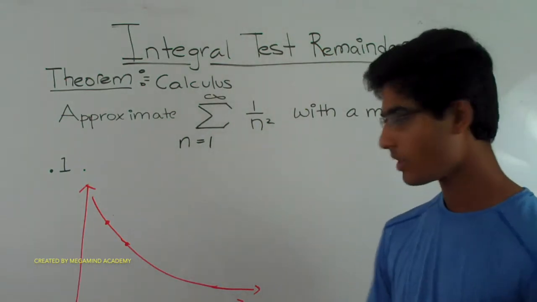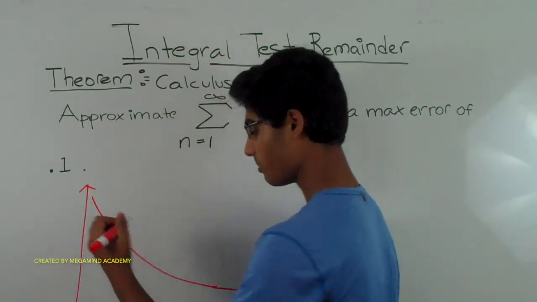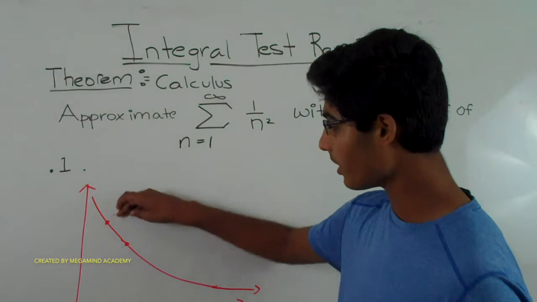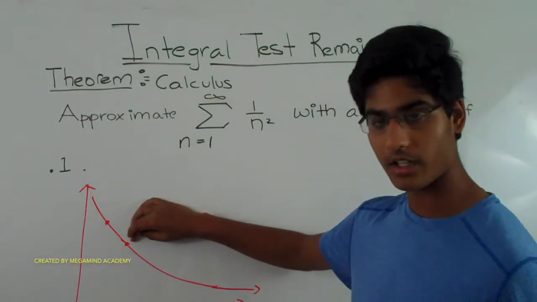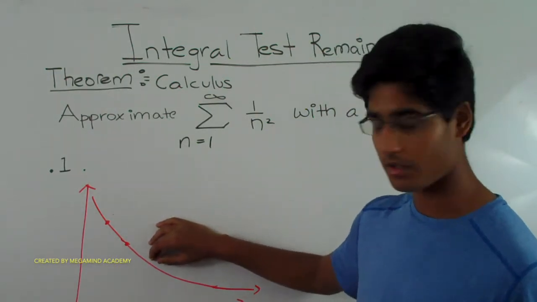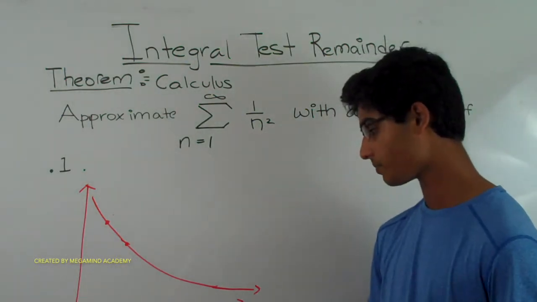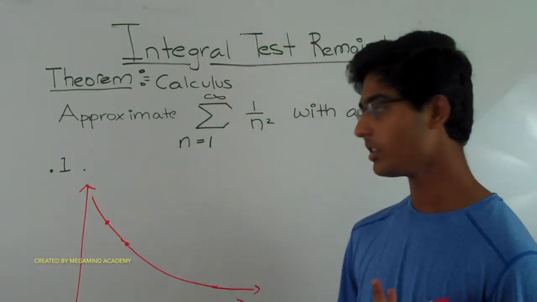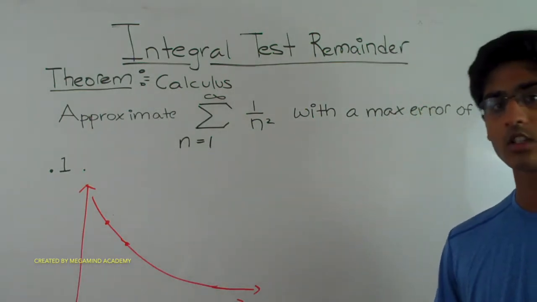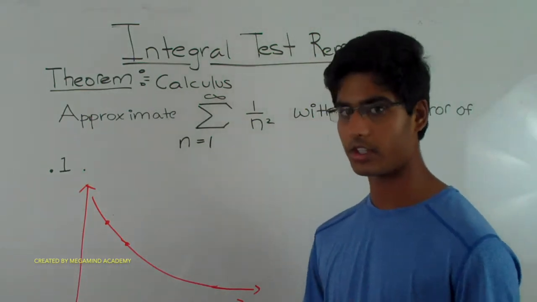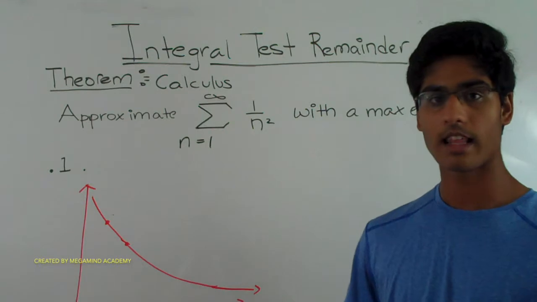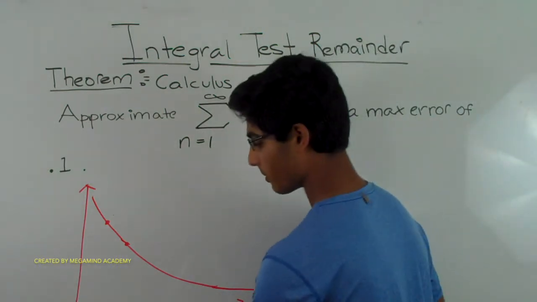Basically, we want to find the sum of the y value of 1 plus the y value of 2 plus the y value of 3 plus the y value of 4 and so on until you get to infinity. When you have series that converge, it means that they essentially reach a number.